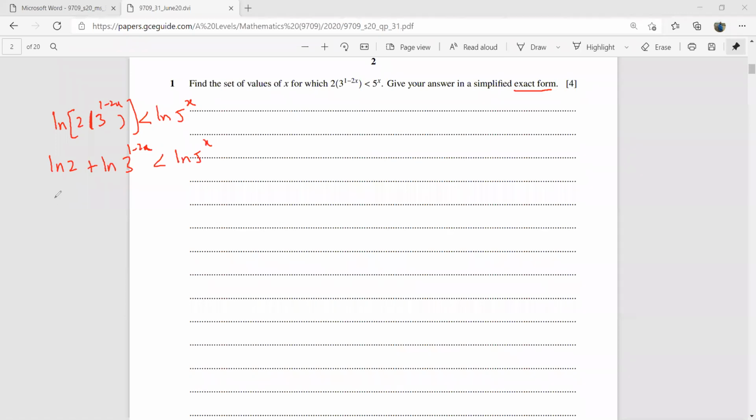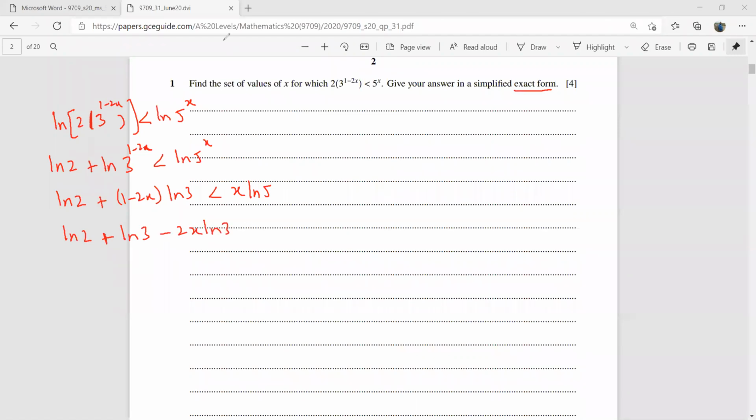Now this further becomes ln 2 plus 1 minus 2x ln 3, less than x ln 5. Now this is ln 2 plus ln 3 minus 2x ln 3.